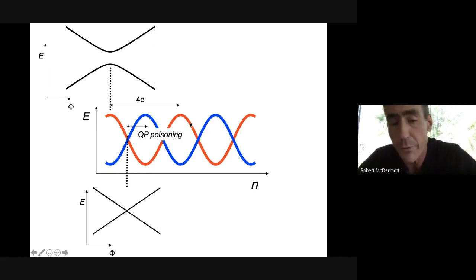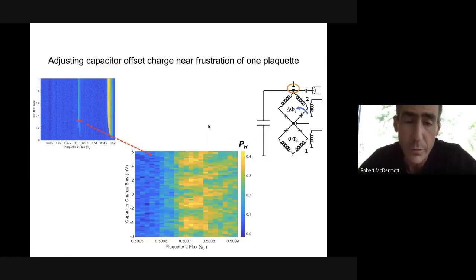So in principle, we think even in the presence of quasi-particle poisoning, provided that random fluctuations of offset charge are slow enough, we think that at those sweet spots with respect to quasi-particles, we should be able to observe some coherent dynamics. So that's what we're trying to do here.